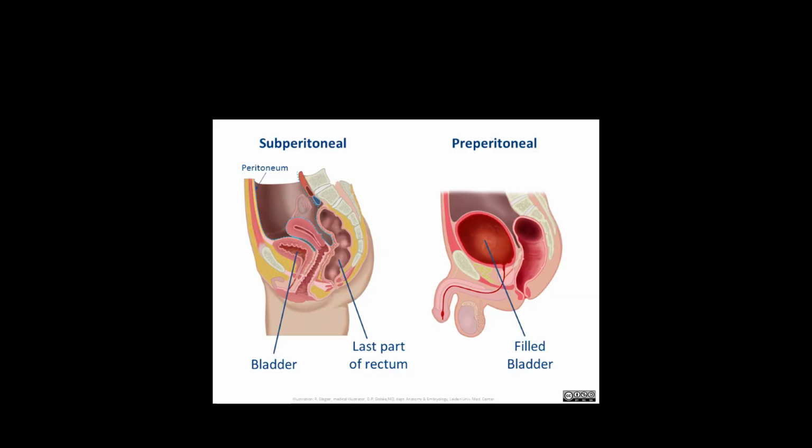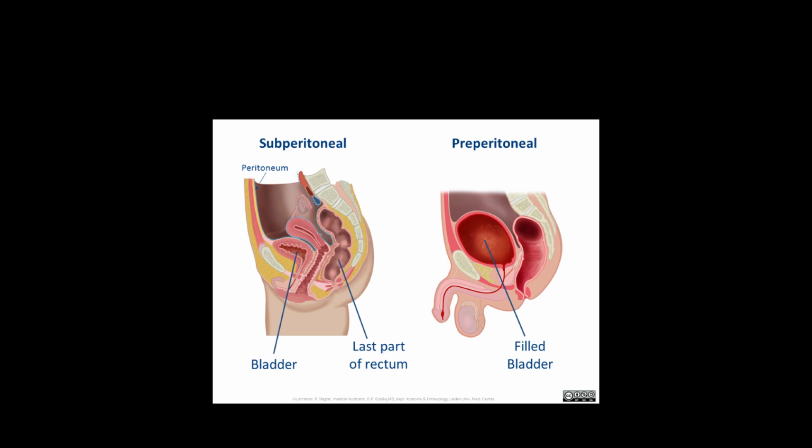Sharing one word about the bladder: you can see in its deflated state it is partially covered by the peritoneum, lined in blue, and therefore in its deflated state, it has a peritoneal covering and is known as subperitoneal in location. However, in the filled condition, the bladder rises up and lies against the anterior abdominal wall and pushes the peritoneal cavity behind it. In this condition, it is known as preperitoneal bladder.